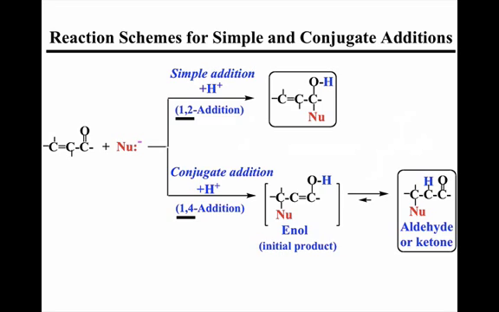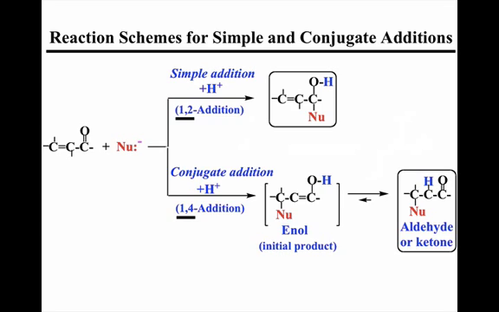Okay? This is known as simple addition or 1,2 addition. The nucleophile attacks the carbon of the carbonyl. Nothing new. You've learned that before. But you can also imagine the nucleophile attacking the Michael carbon in what's called 1,4 addition or conjugate addition, which we've talked about before when we've talked about addition of like HBr across a conjugated system, right?